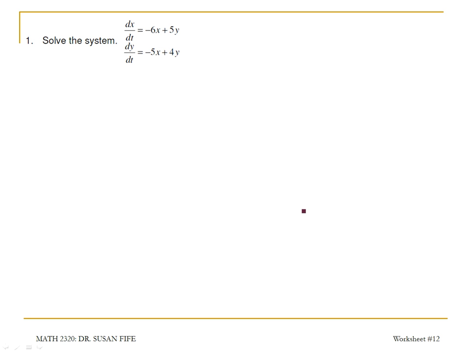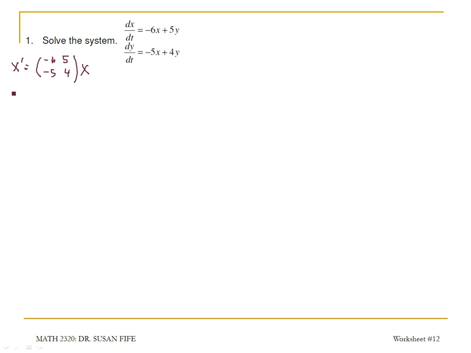Okay, so here in matrix form, this system becomes, I'll write it over here, X prime is equal to, in my first row I have coefficients of -6 and 5. In my second row I have coefficients of -5 and 4, times x.